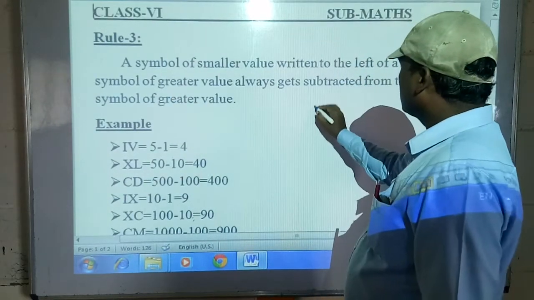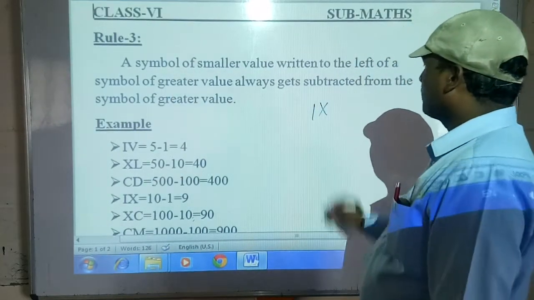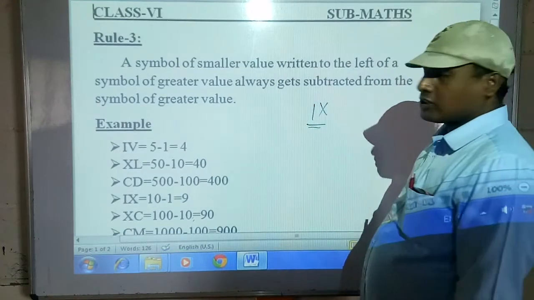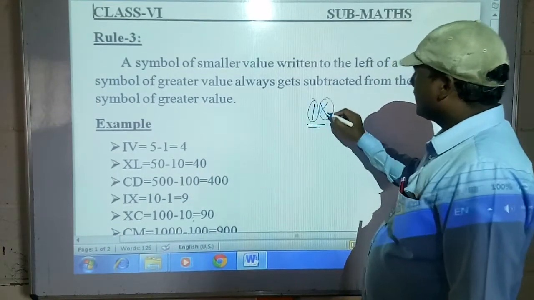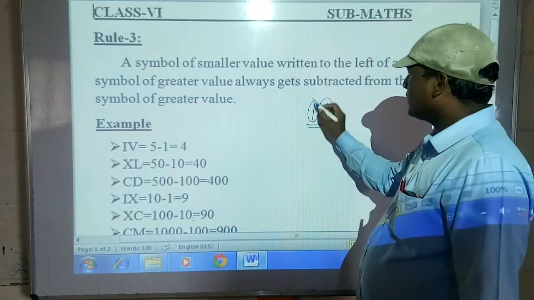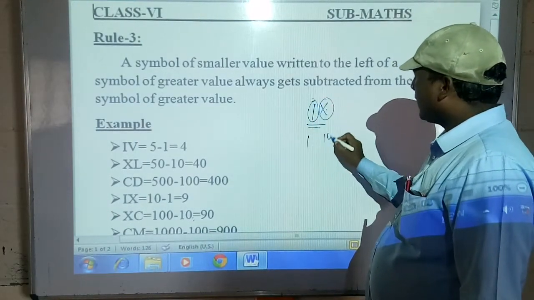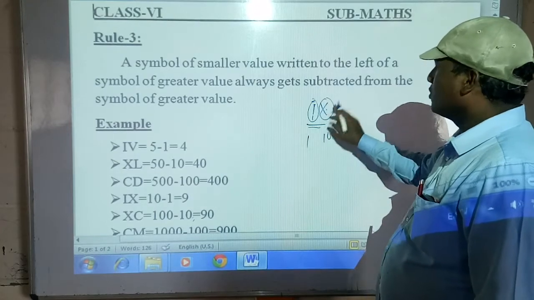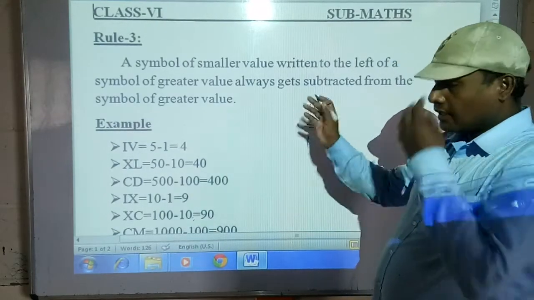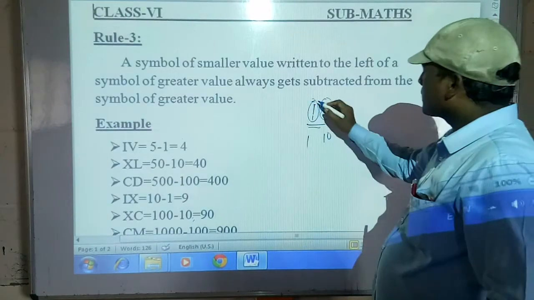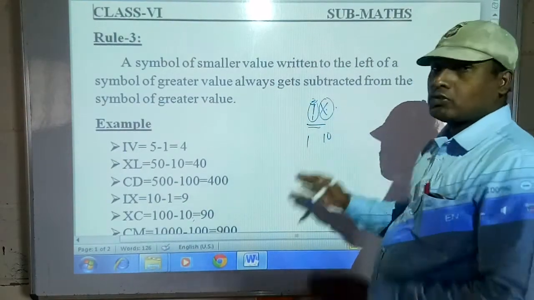Suppose I write IX. Observe. In this, I is the smaller value and X is the greater value, because I means 1 and X means 10. Here, on the left side of the greater value, the smaller value is there. Yesterday I discussed that if the smaller value is on the right side, you have to add.